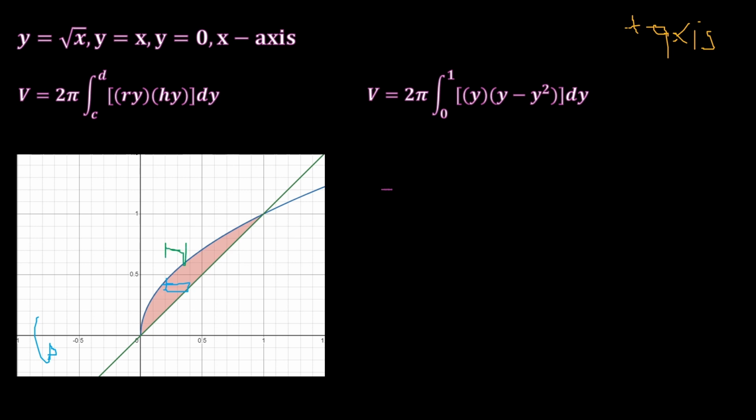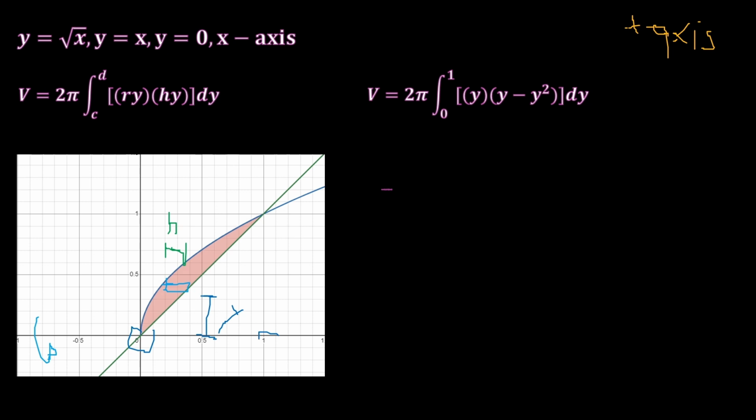So we're going to be getting the height. The height again is this, the length of that strip, and the radius is the distance between that strip and the axis of revolution. So this time it's y, and it's because of this that we know that we are supposed to be solving in terms of y.